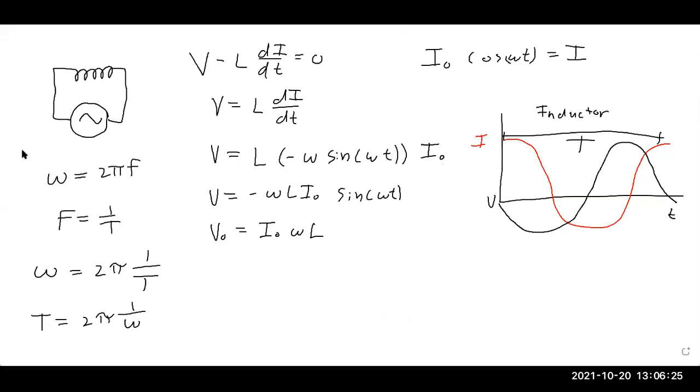So for a circuit like this, if we kept the voltage the same, if we kept the inductance the same, but we changed the frequency that this source was operating at. So instead of 120 hertz, we're working at 1,000 hertz. How is that going to change how much current the circuit gets?